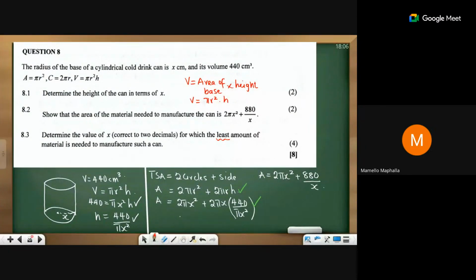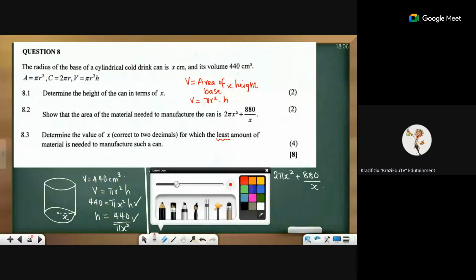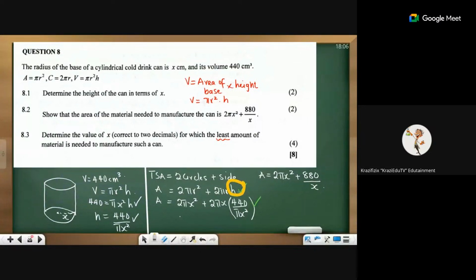What did you substitute there, sir? H. Oh, okay. Because my formula has no h, so I'm throwing away everything that has to do with h. Yes, sir. Okay, sir. Thank you. All right.